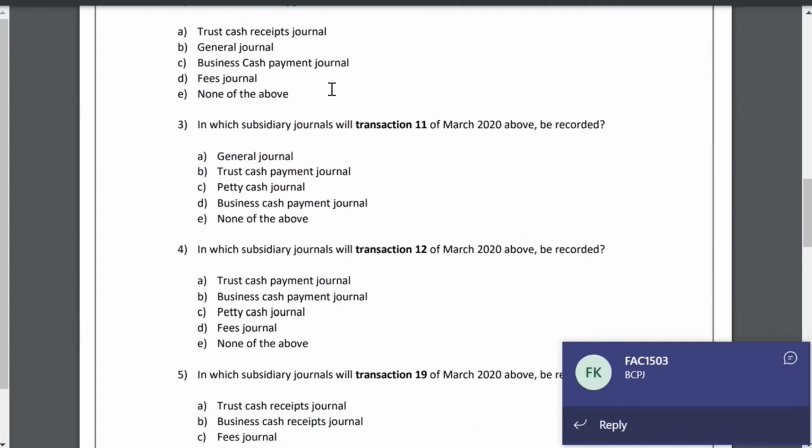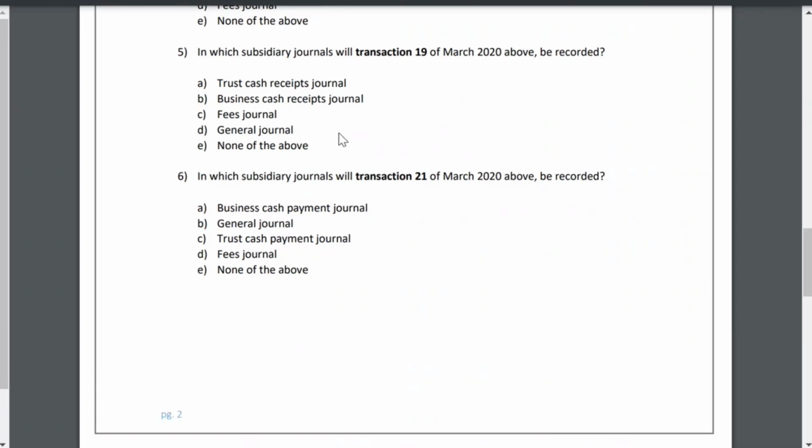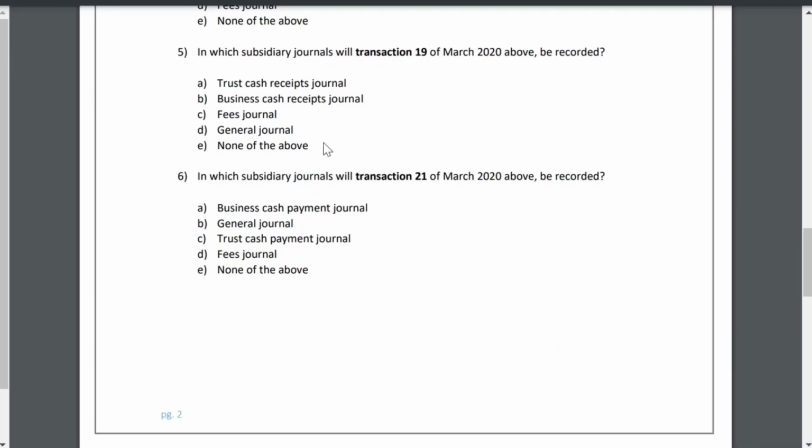The options are Trust Cash Receipts Journal, Business Cash Receipts Journal, Fees Journal, General Journal, or none of the above.